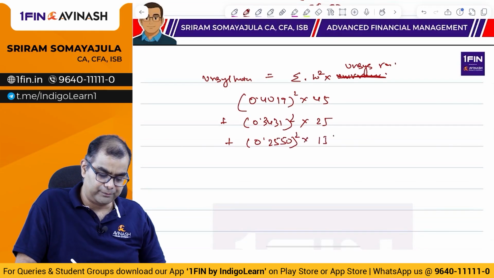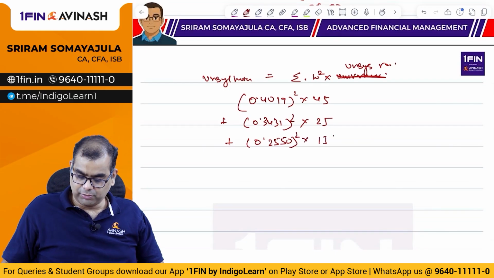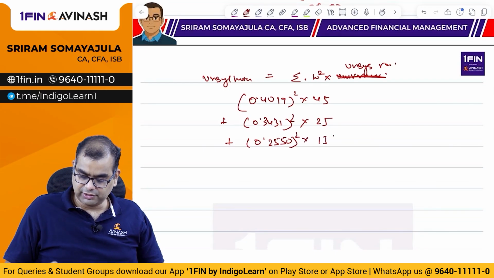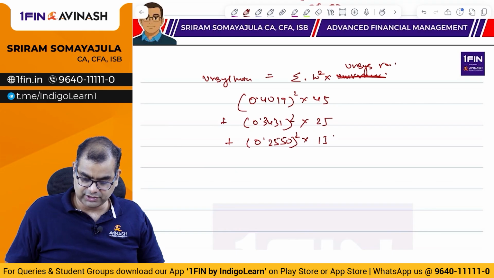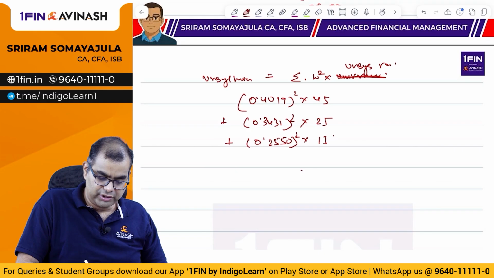into 15. Okay. So, 0.4019 squared into 45, plus 0.3431 squared into 25, plus 0.2550 squared into 15. On calculation, you get 11.18.